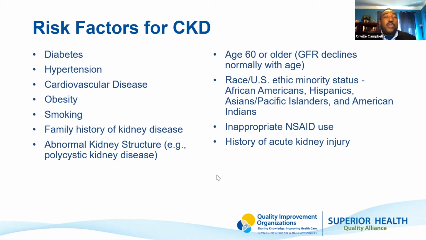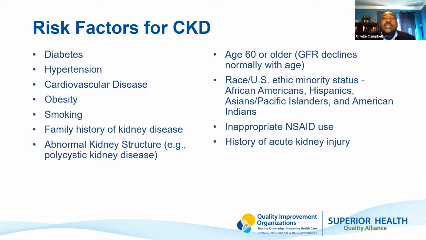Again, we talked about smoking, family history, abnormal kidney structure such as cysts, including polycystic kidney disease, where the kidneys are just riddled with cysts. Age 60 and older, GFR naturally declines with age.